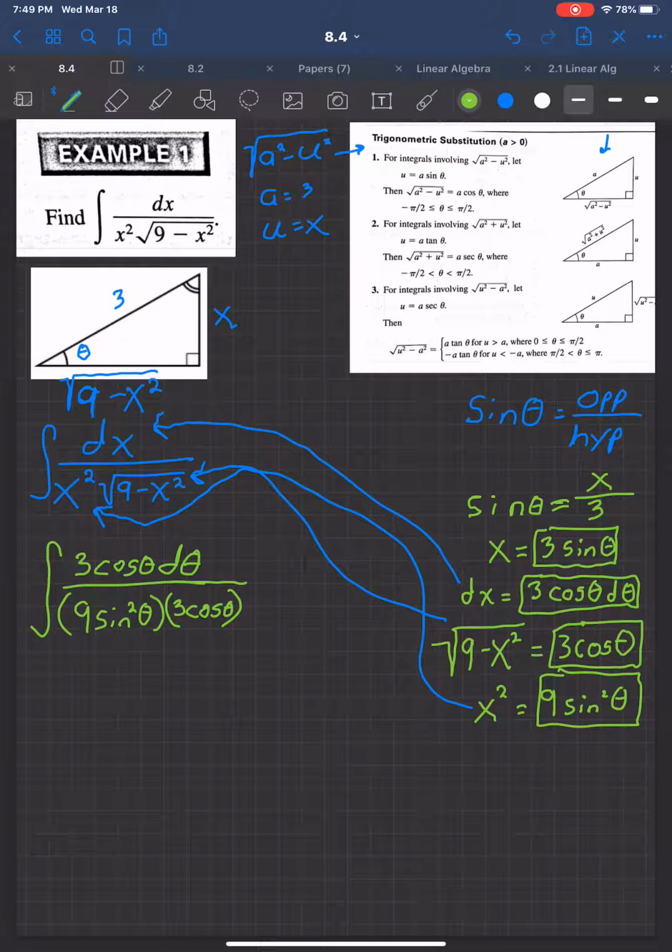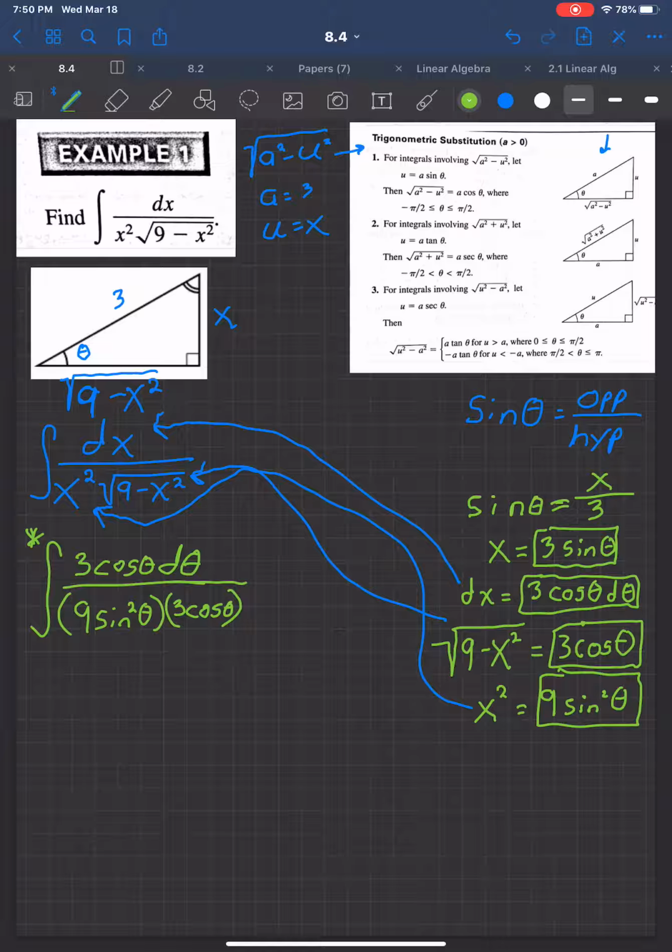We started off with an integral that was in terms of x with respect to x. And what we have now is the same integral in terms of angle theta with respect to theta. And our hope, and what will be true, is that this will be much easier to integrate.